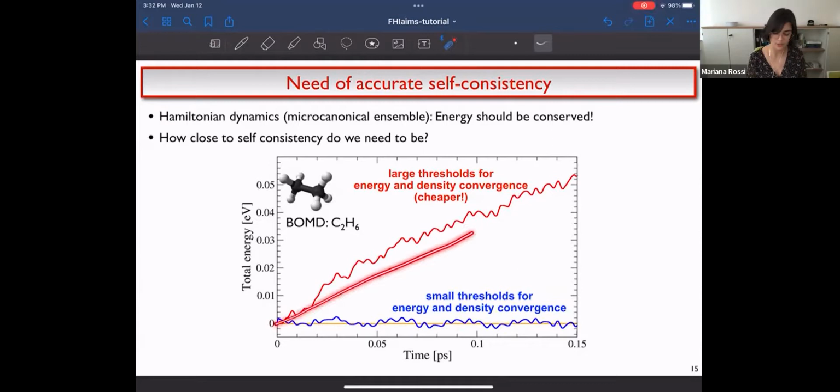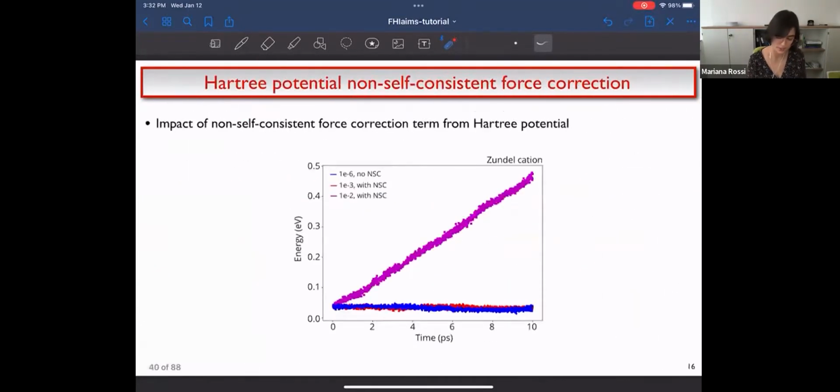But if you use cheap settings for the convergence of the density, so you don't converge the density too well, then you have this drift in the energy here, and this is a departure from what is physically acceptable for such systems, right? But how does it look now that we have this force correction term?